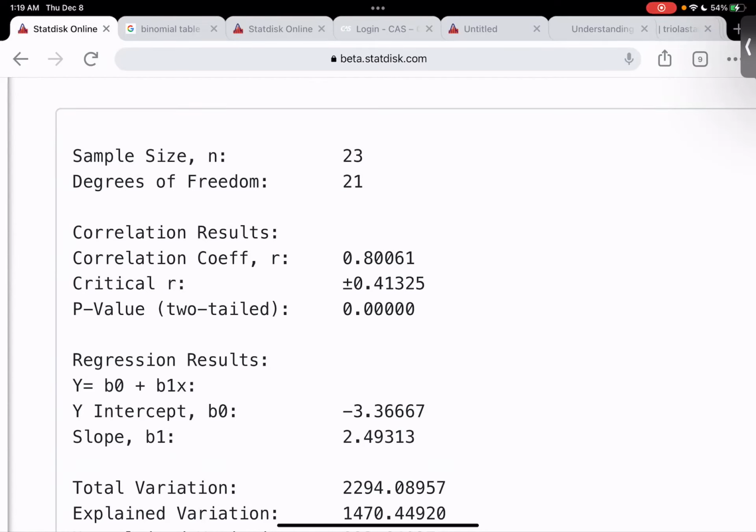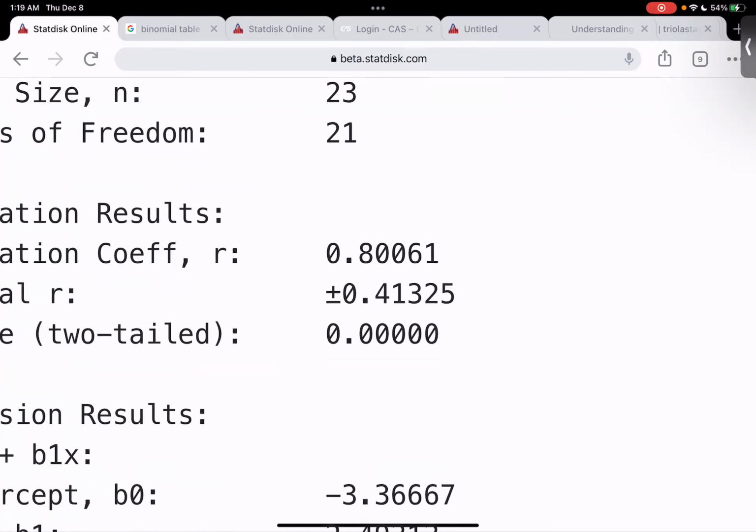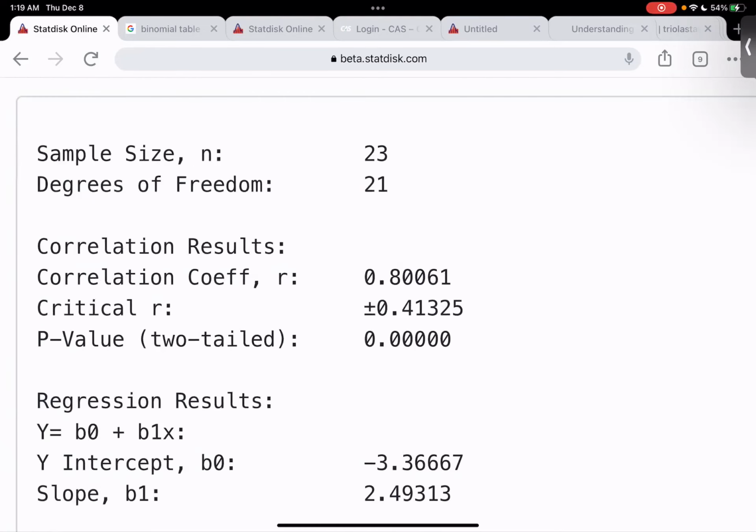And now look at the value of this correlation, 0.801, and the critical value 0.4. Why is this value small? Small because we have a larger sample size. And then look at the P value, almost equal to 0, right? So we can support that we have linear correlation.